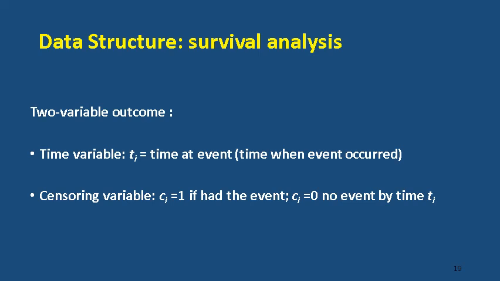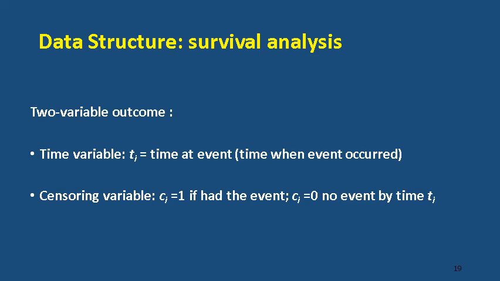Ci is equal to 0 when no event by time Ti. So time to event is a continuous variable. At the time of event, how much time has finished from the beginning of the study.